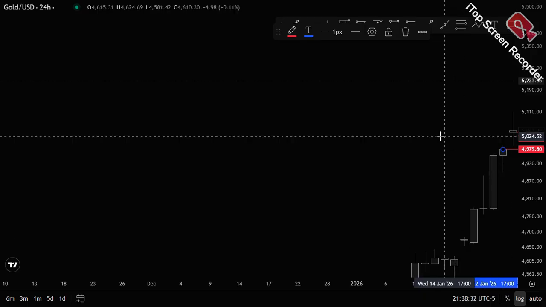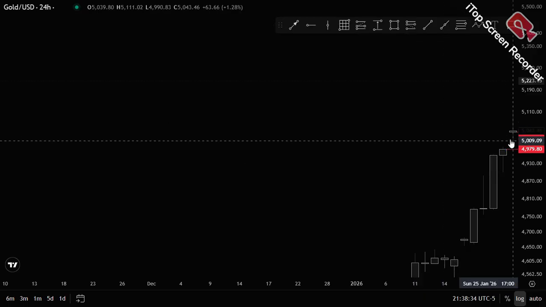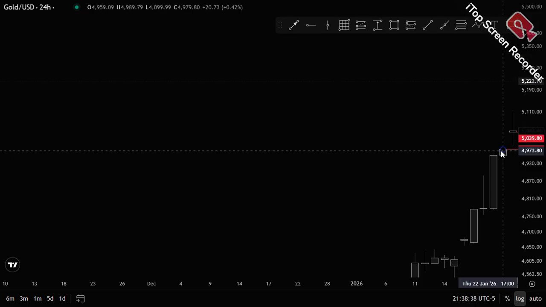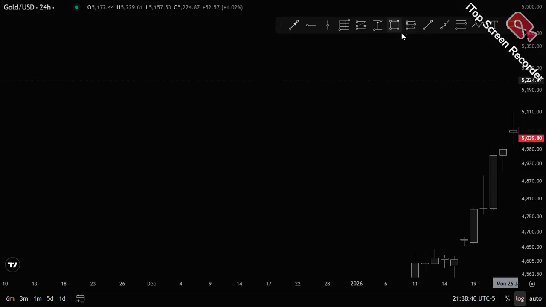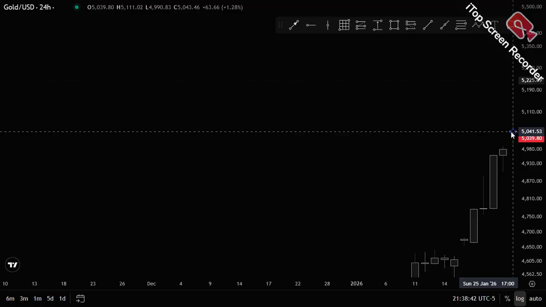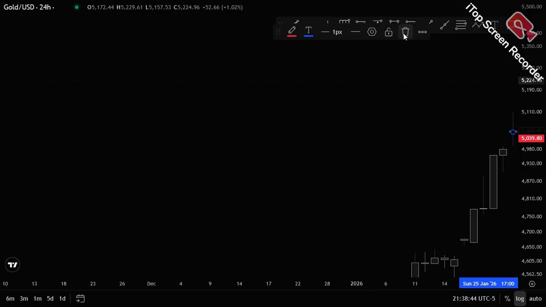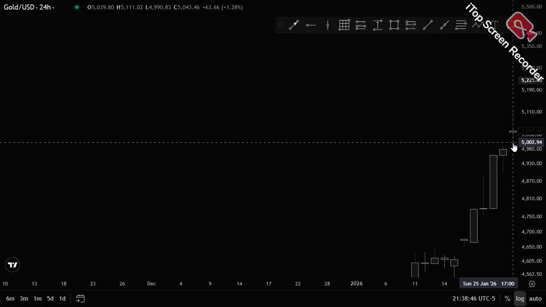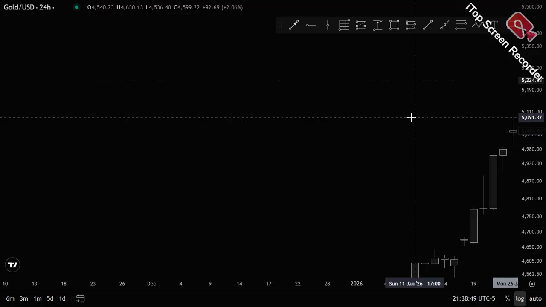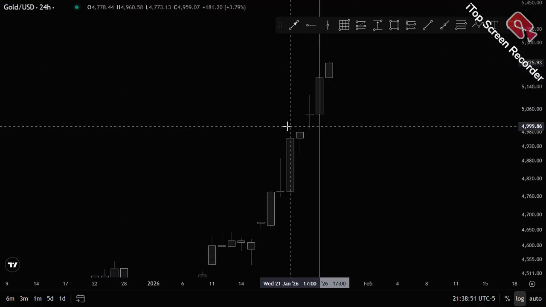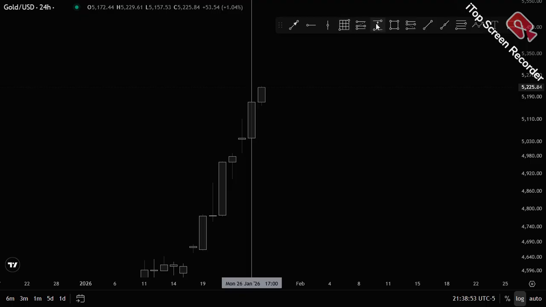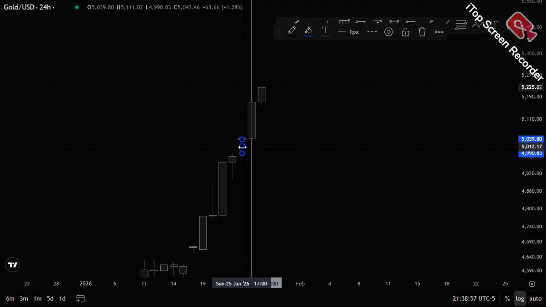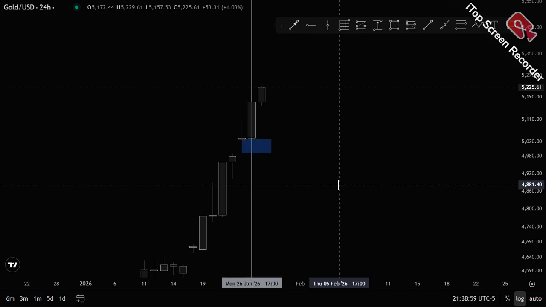So we have this gap, and we have this rejection candle here from Monday. So I'll identify this as my rejection candle.